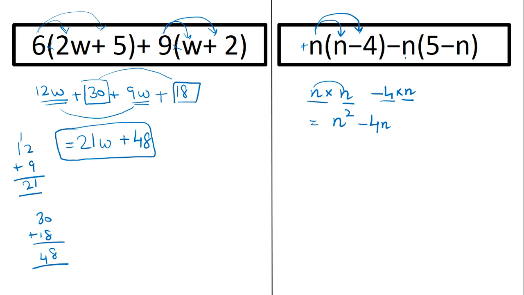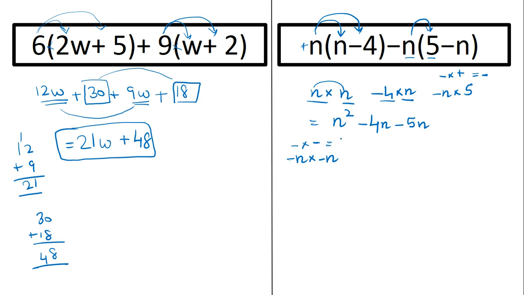Similarly, now I have minus n with a 5. So minus n times 5. If I'm doing minus n times positive 5, a minus multiplied by a plus is always a minus. So minus n times 5 gives me minus 5n. The next thing I have is minus n times minus n. Now minus n times minus n means there is a negative multiplied with a negative.